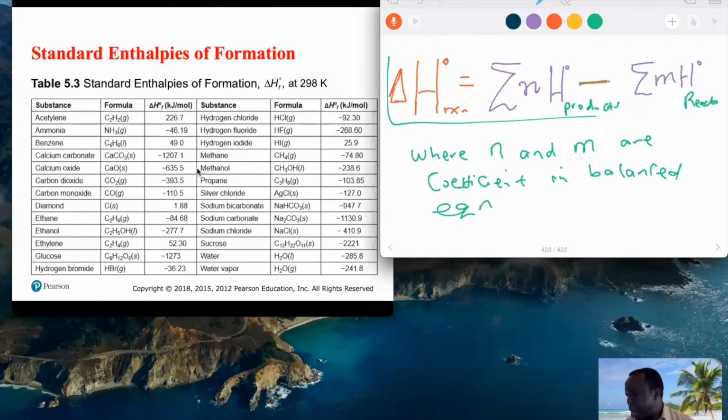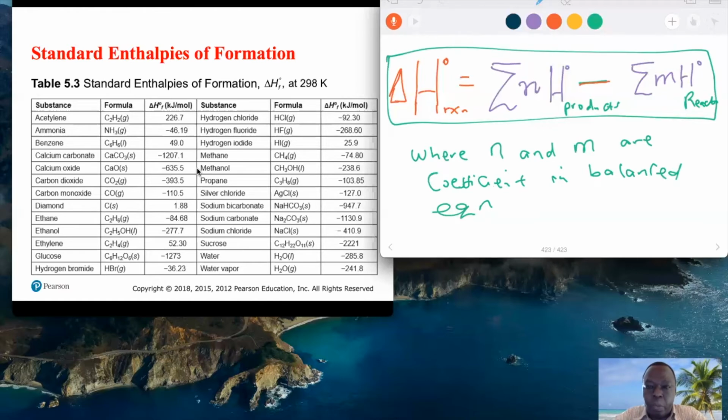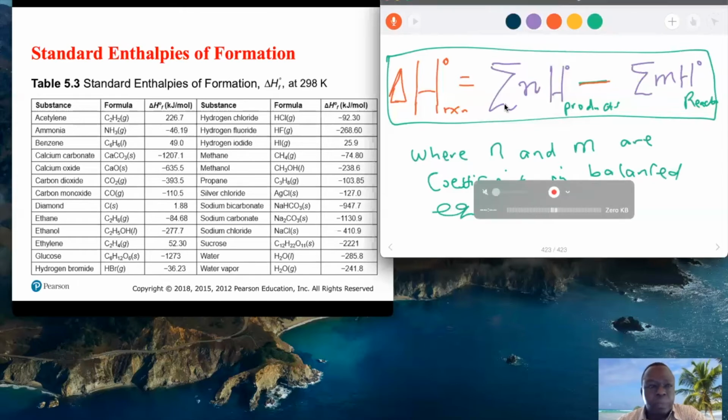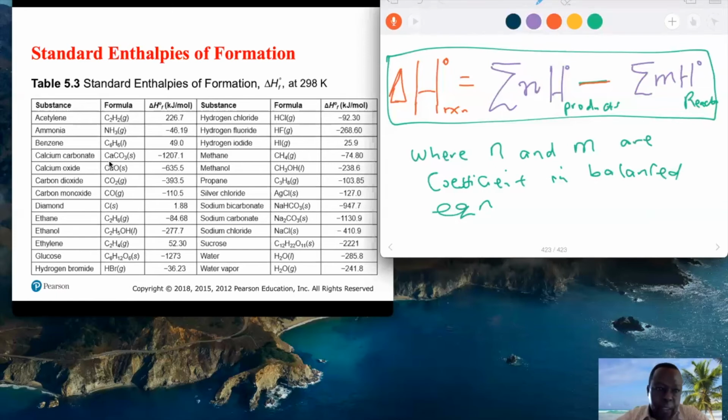Everybody knows how to interpret the chemical equation, with product and reagent separated by the arrow. Product minus reagent. In this case, you'll have to refer to table 5.3 with this homework.